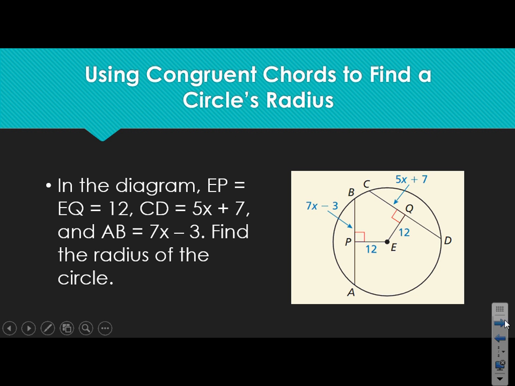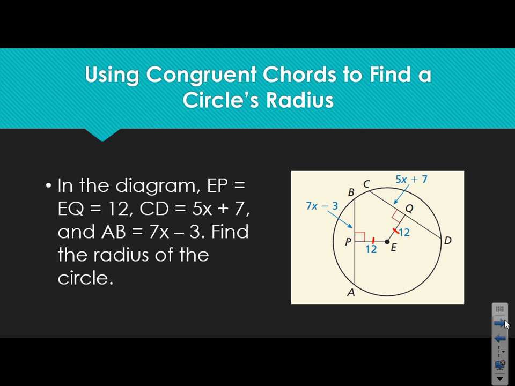All right, I want you to go through this to see if you can figure this out. In the diagram, EP is equal to EQ. It's labeled as 12 and 12, so we can go ahead and put the tick marks too if that helps. EP is equal to EQ, and they're both equal to 12. The chord CV is equal to 5x plus 7, and the chord BA is equal to 7x minus 3.